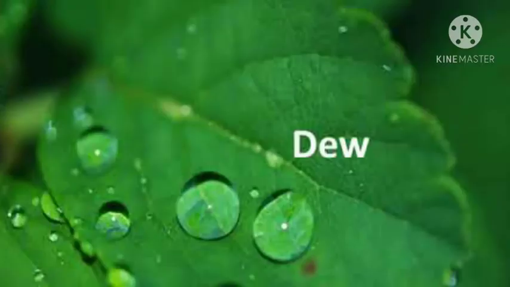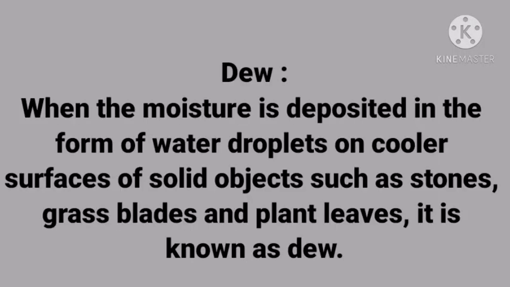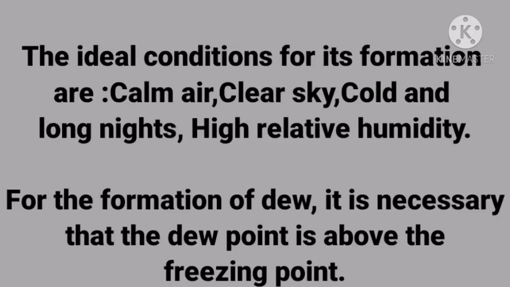So now let's see first what is dew. As I told you, there are different conditions of our condensation process. So first we will see dew. What is dew? It is the moisture deposited on the earth's surface or on objects near the earth's surface, such as blades of grass, when night radiation from the earth has cooled the lower layer of the atmosphere below the dew point, and the water vapors present have condensed into drops.